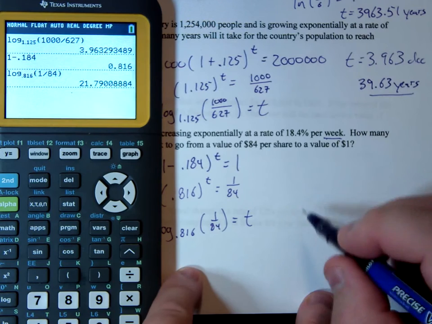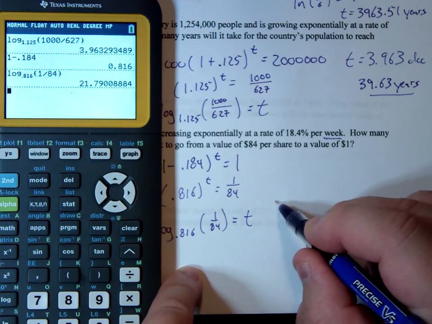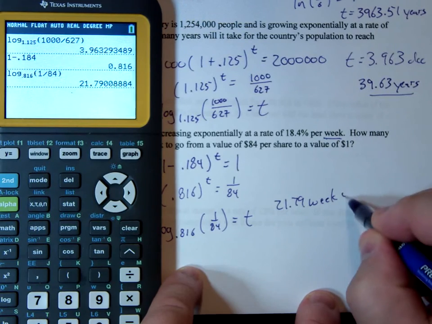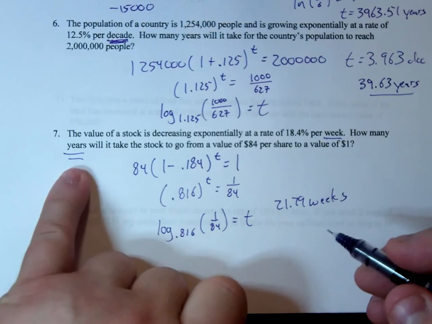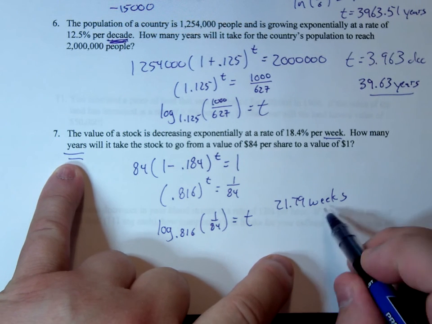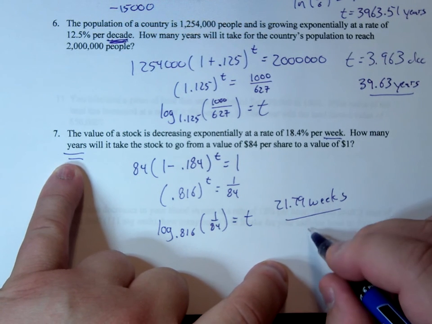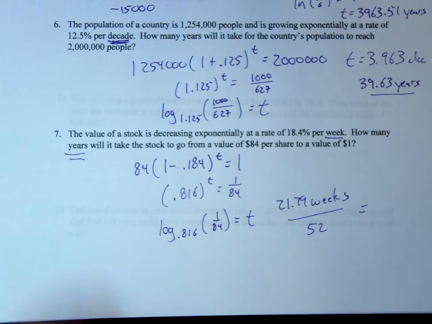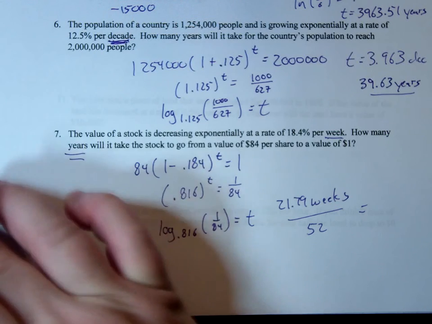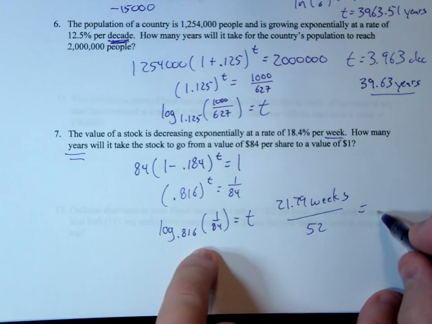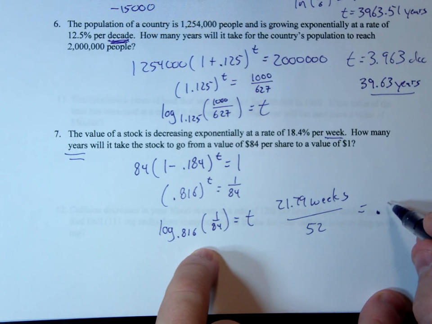So that is 21.79 weeks. So that probably shouldn't have said how many years. But since it did, if it's weeks, you would divide by 52 to get years, because there's 52 weeks in a year. So that number divided by 52 doesn't even give you a whole year. 0.42 years.